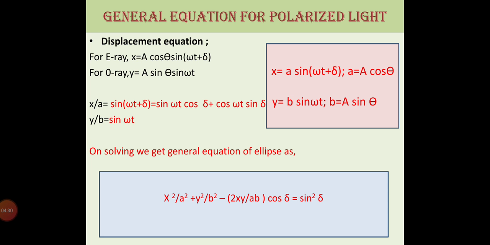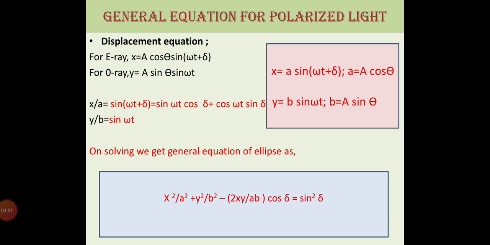For the E ray, x equals A cos theta, its amplitude, times sine of omega t plus delta. And for the O ray, y equals A sin theta, which is the amplitude, times sine omega t. These are the displacement equations.